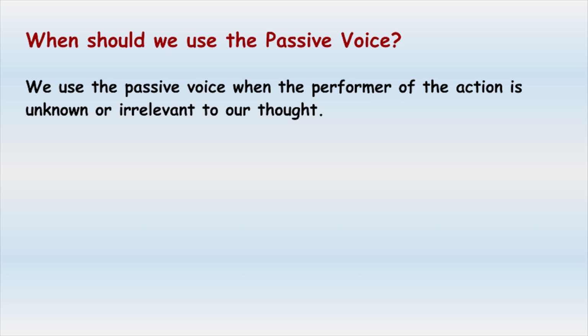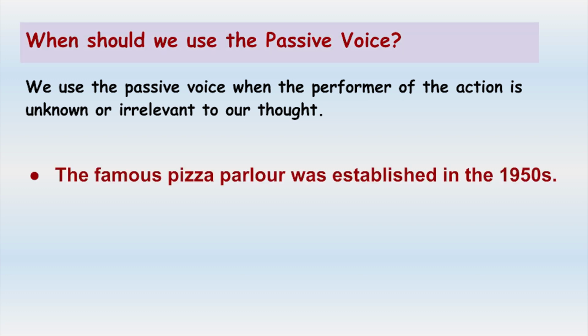So if you came across a sentence like this, the famous pizza parlor was established in the 1950s. This is written in the passive voice. We do not know who established the pizza parlor, and it may not be important to know, as the focus is on the pizza parlor and not when it was established.